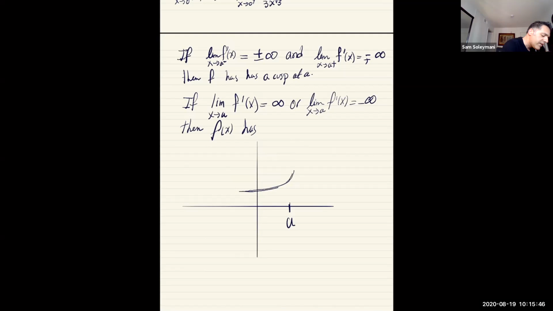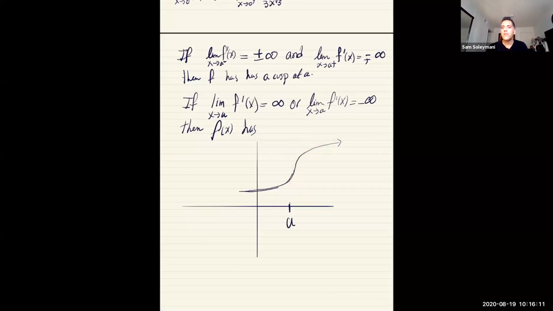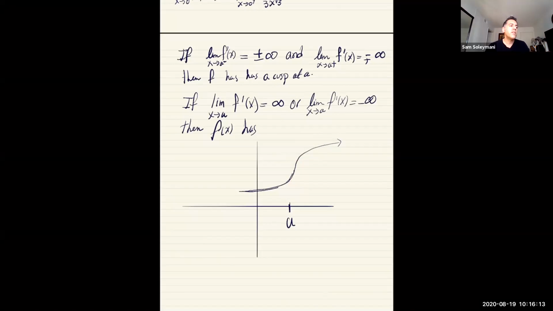So right of a, the lines become more and more vertical with a positive slope. From the left of a, they become more and more vertical with a positive slope. Very good, Nicole.